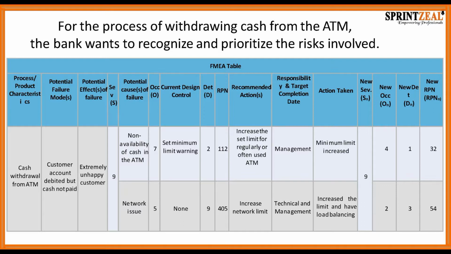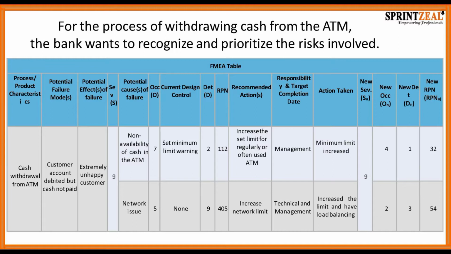So what are the current design controls that are in place to stop that from happening? Well, with the non-availability of cash, we can set a minimum limit warning. So when the total cash reserves in the ATM get to a certain point, it would then send an alert out to the bank to get the ATM refilled.